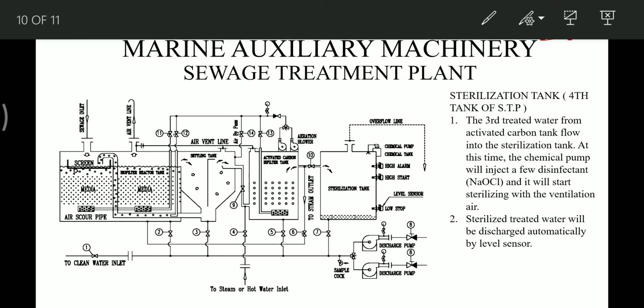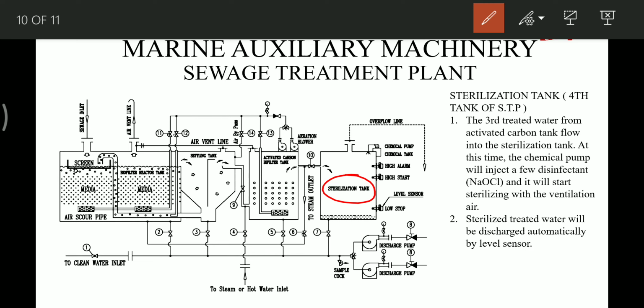Now the fourth, that is the last tank: after the sewage has been treated in all three tanks, it is passed on to this sterilization tank, and at this time the chemical pump will inject this disinfectant, that is sodium hypochlorite, and it will sterilize with the ventilation air.